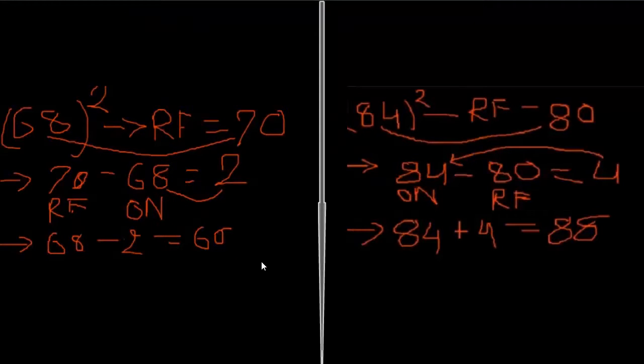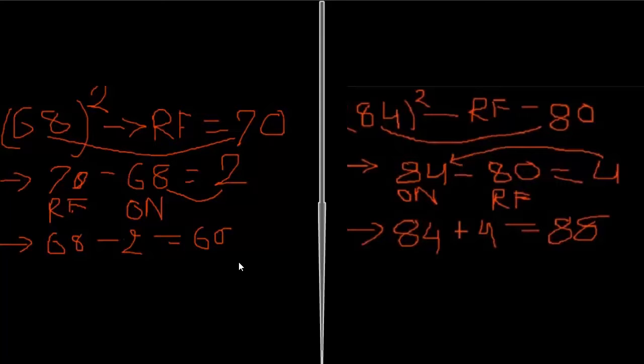The very important thing in both of the methods is to find the nearest round figure around the number. In the first example the nearest round figure around 68 is 70, right? And in the second example the nearest round figure around 84 is 80. You might have noticed there is a slight difference between these two methods.